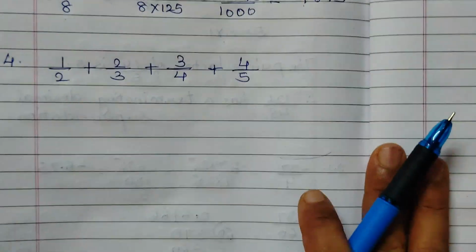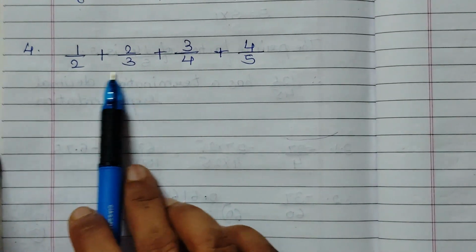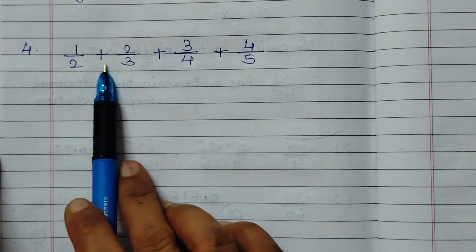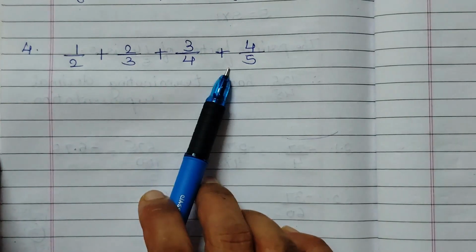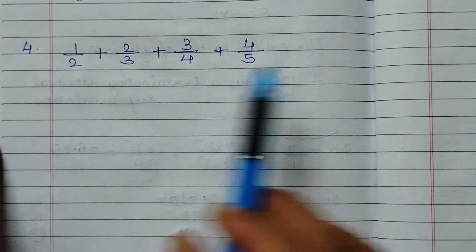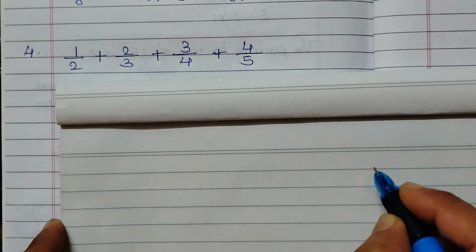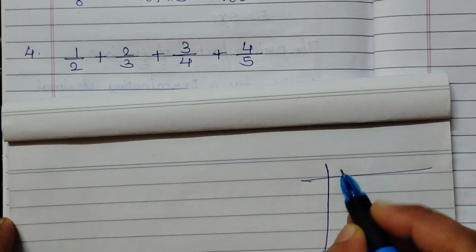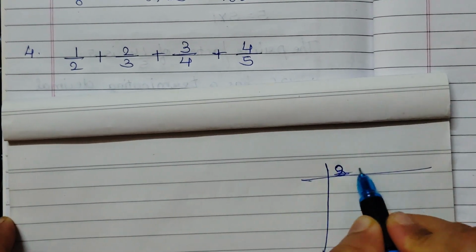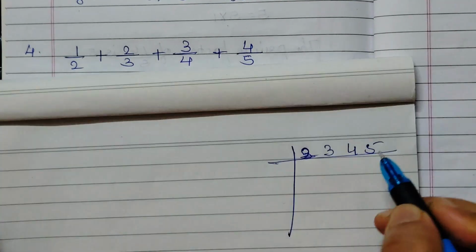Now see here, these are rational numbers and addition is there. So first of all what will we take out? The LCM. How to take out the LCM? We have 2, 3, 4 and 5.